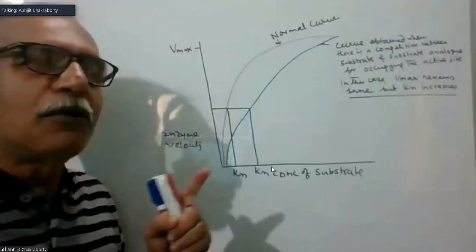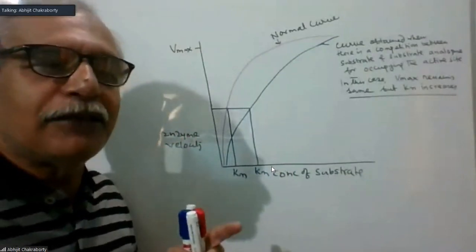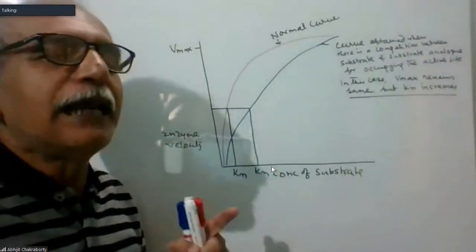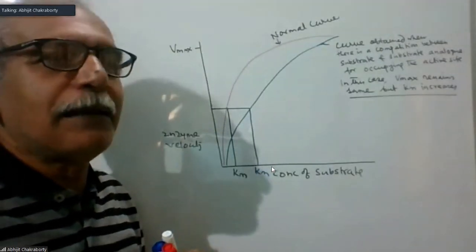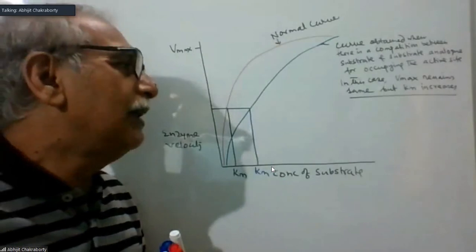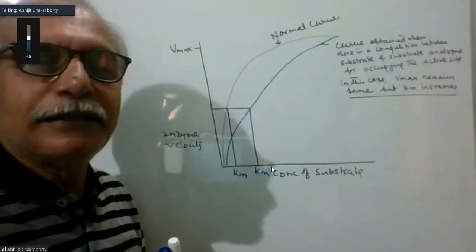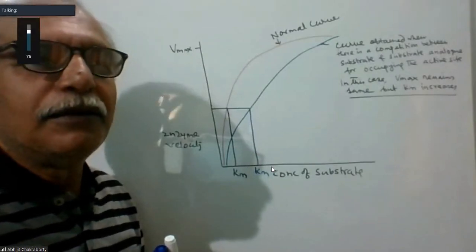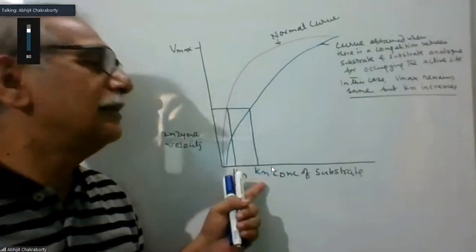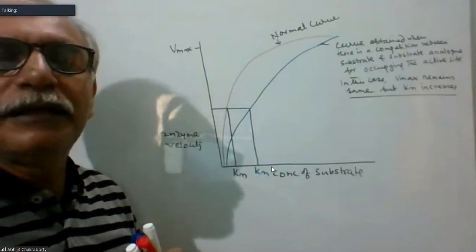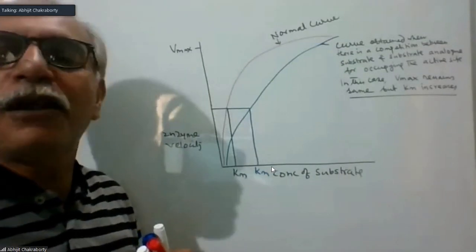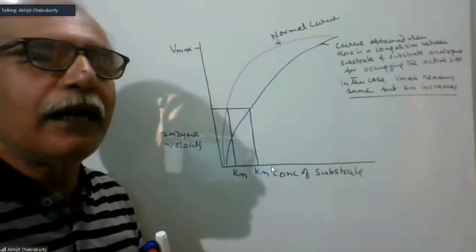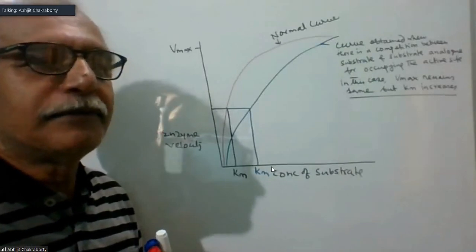That means in case of competitive inhibition, if enzyme action is to continue, then you need to add more substrate. And that's why the Km value increases. These substrates are for preventing the substrate analogs from occupying the active site of the enzyme.